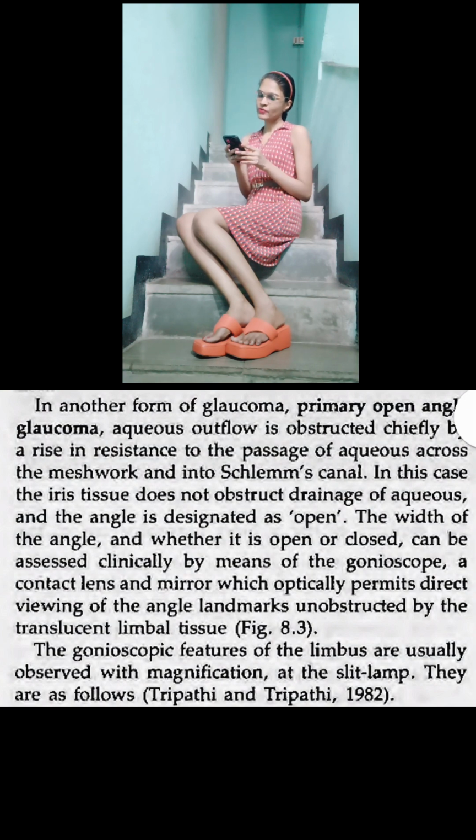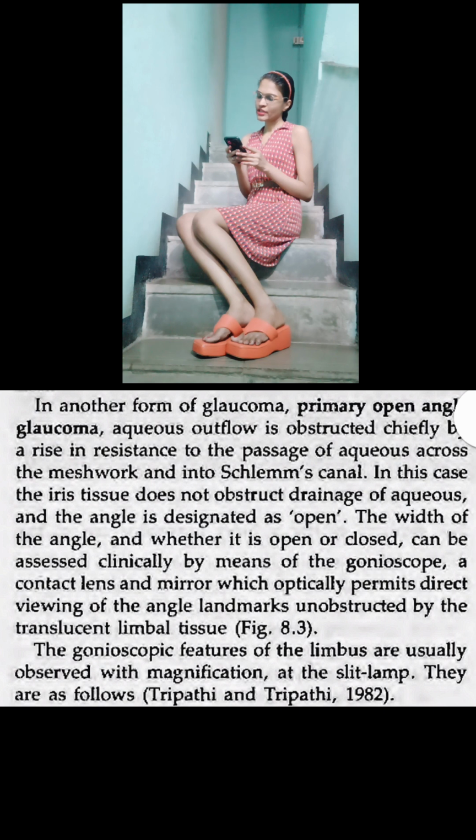In another form of glaucoma, primary open angle glaucoma, aqueous outflow is obstructed chiefly by a rise in resistance to the passage of aqueous across the meshwork and into Schlemm's canal. In this case, the iris tissue does not obstruct drainage of aqueous and the angle is designated as open.